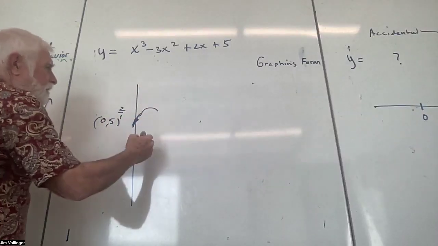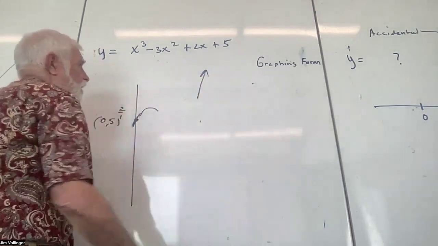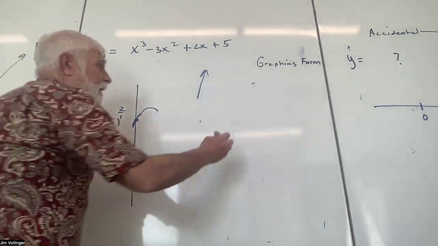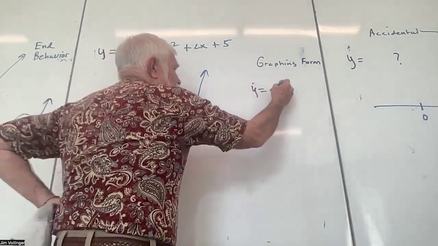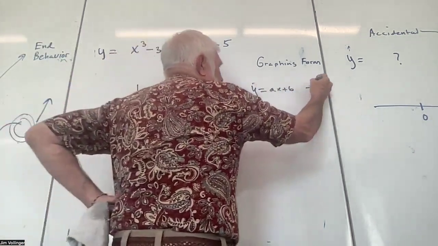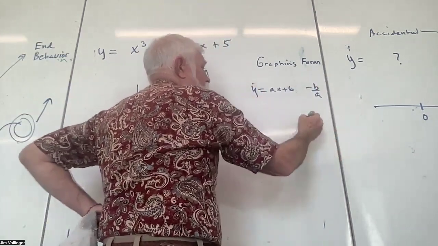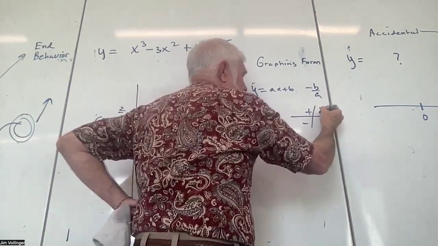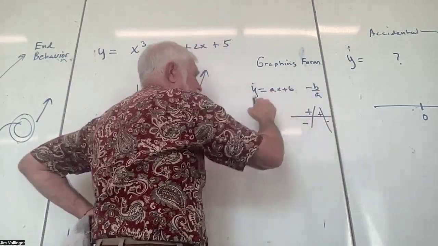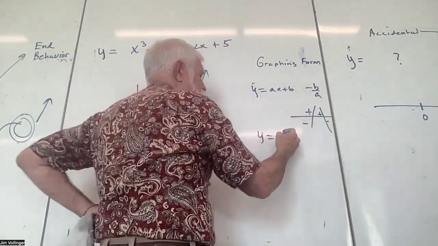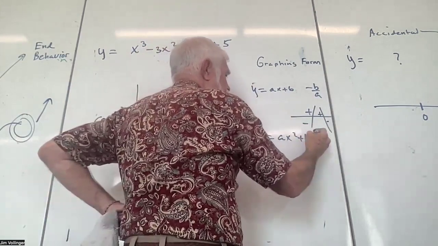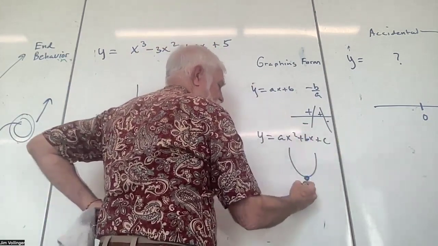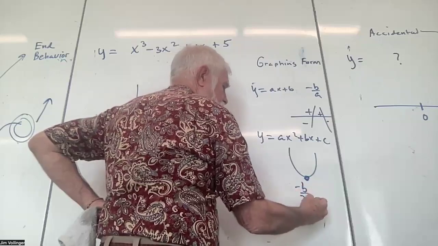I'm getting a bend, and I know I'm finishing there. So it would be nice if we had the point of inflection. And for the linear function, ax plus b, minus b over a gives us where the graph changes from negative to positive or vice versa, depending upon the a value. For y equals ax squared plus bx plus c, we get the vertex x value at minus b over 2a.